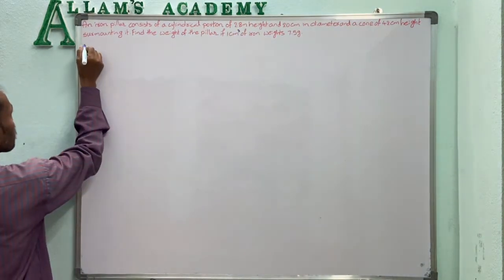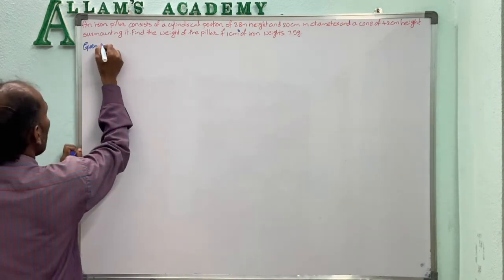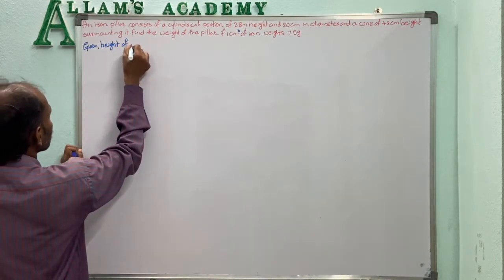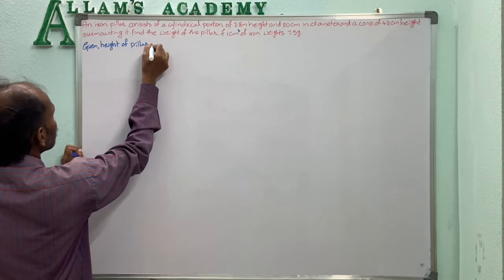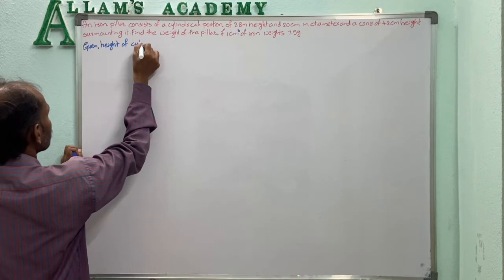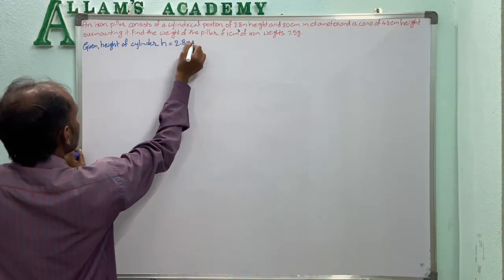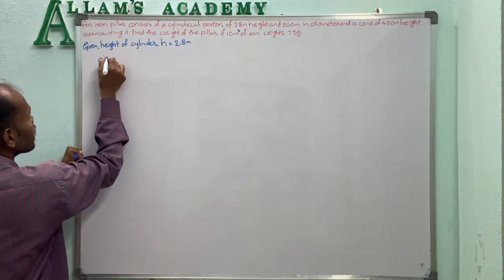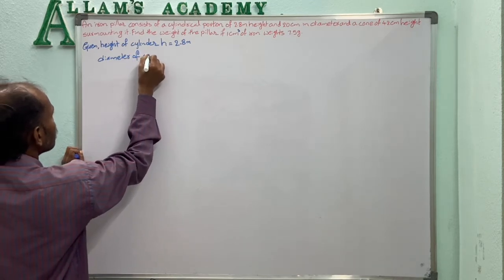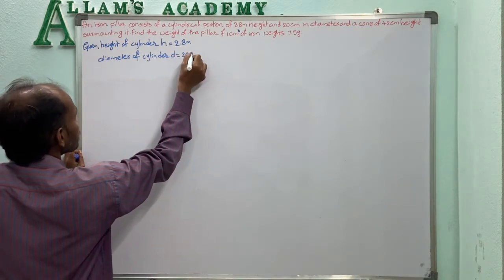Now writing the given information. Height of the pillar, that means the cylindrical portion, height of cylinder h equal to 2.8 meters and diameter of cylinder d equal to 20 centimeters.